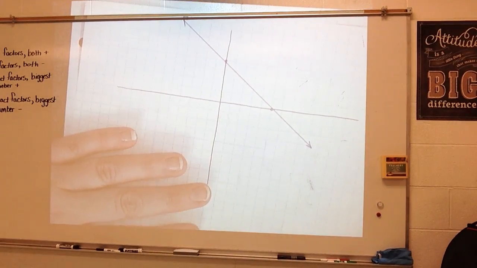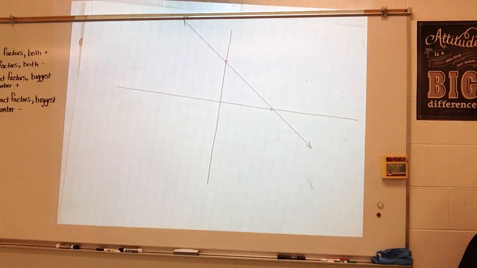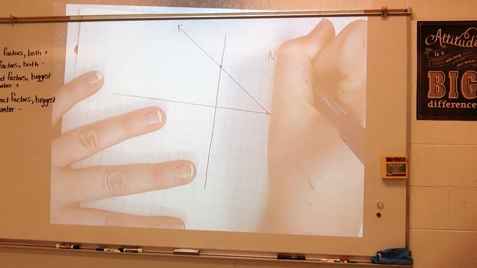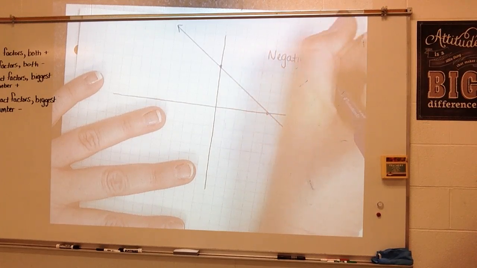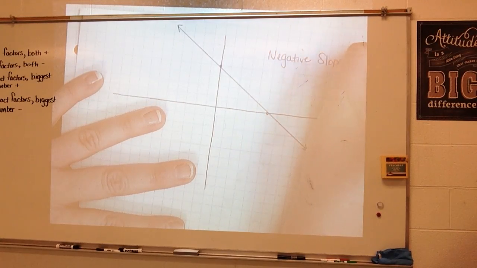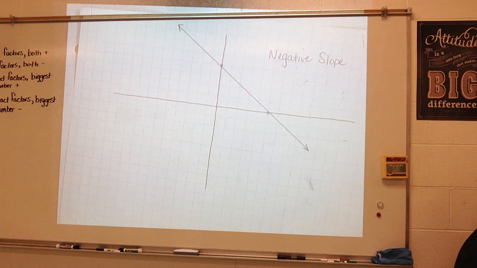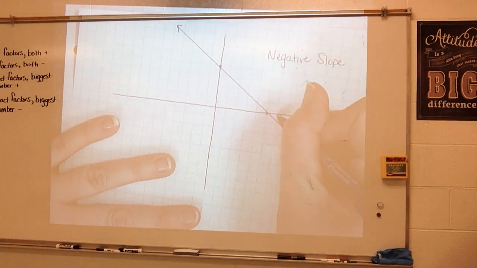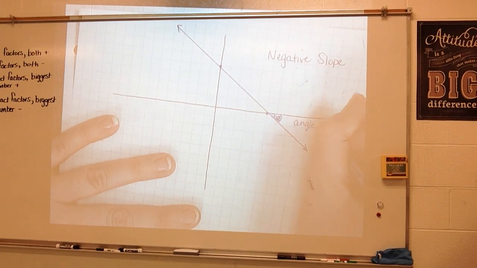Once again, I know nothing about this line except for what kind of slope I have. Well, this is a negative slope. So here's where I would see an angle of depression.